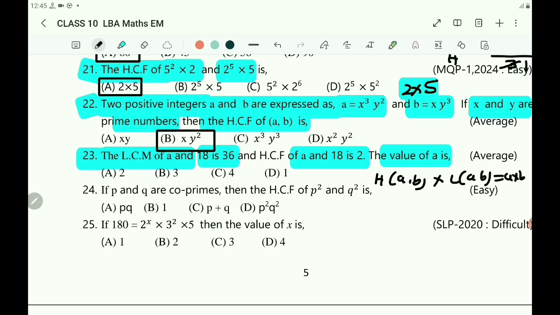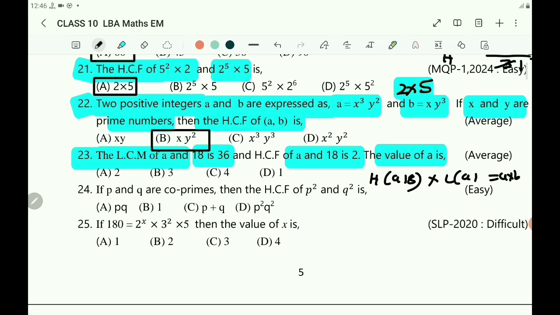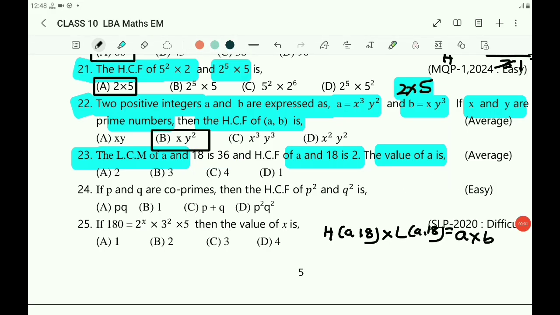Here, HCF of A and 18 is given, and LCM of A and 18 is given. What is the HCF of A and 18?